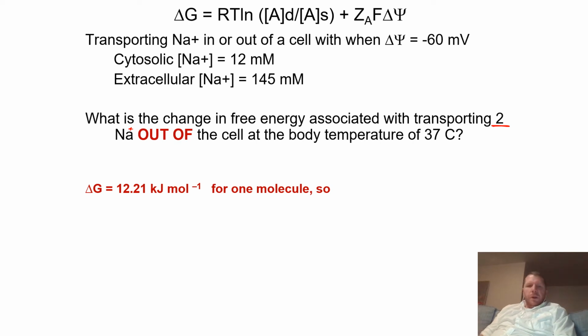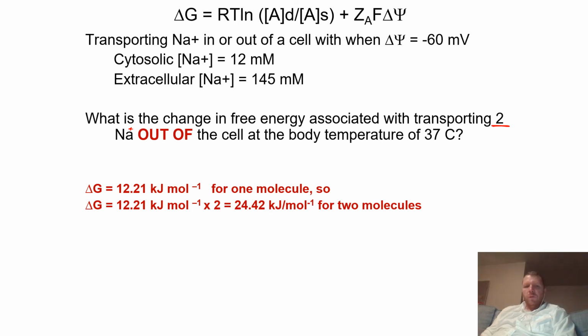Our delta G for one was 12.21. For 2 of them, it's going to be 24.42. So it doesn't change it a whole lot. In fact, it's really just multiply by 2. Alright, well, I hope this is helpful, and I will see y'all in the next video.